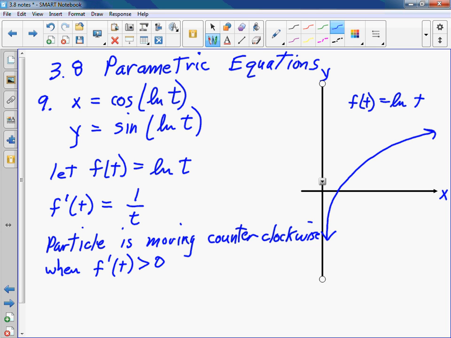And in this case, that is when t is greater than 0.